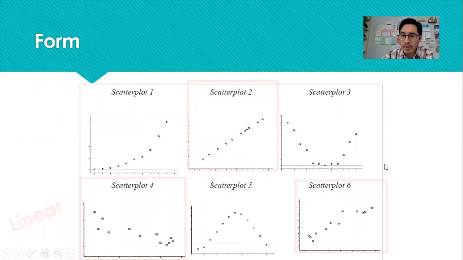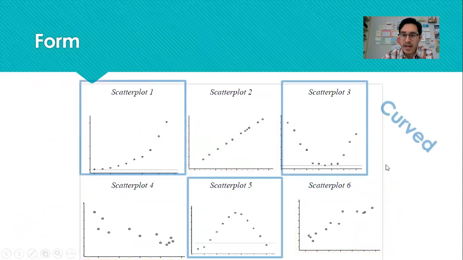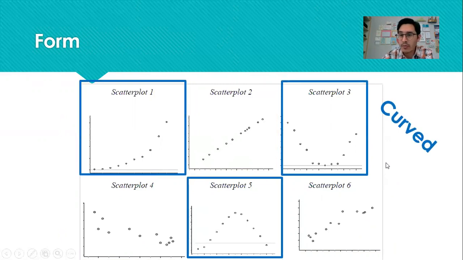The other form that you are going to see in scatterplots is a curved form or a nonlinear form. We put a bunch of different forms together and say curved. Scatterplot number 1 looks like it has an exponential pattern, scatterplot number 3 looks more parabolic, and scatterplot number 5 maybe looks parabolic.